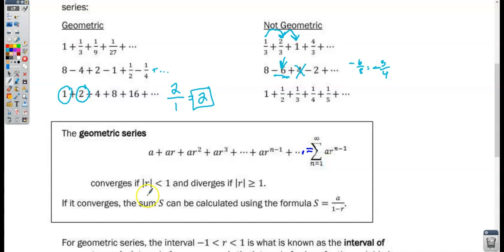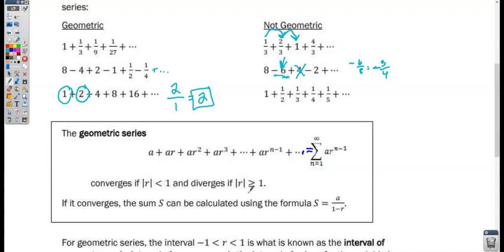This series converges if the absolute value of r is less than 1, and it diverges if the absolute value of r is greater than or equal to 1. So, last lesson we talked about convergence and divergence by using limits of the partial sums of a series. Once we've identified that a series is geometric, we don't need to use the partial sums to determine if it converges or diverges.